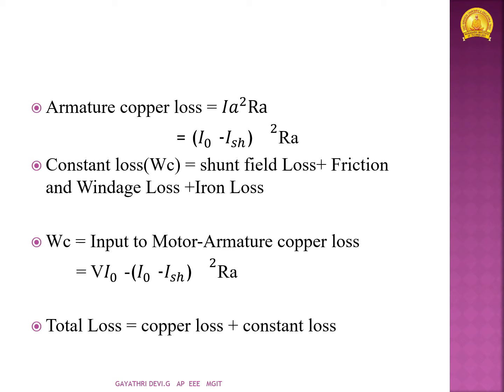So for the armature copper loss, we know that the copper loss is always I square into R. Here the input current is the armature current Ia. So the armature copper loss can be written as Ia square into Ra. We already found the relation of Ia, that is I0 minus ISH.